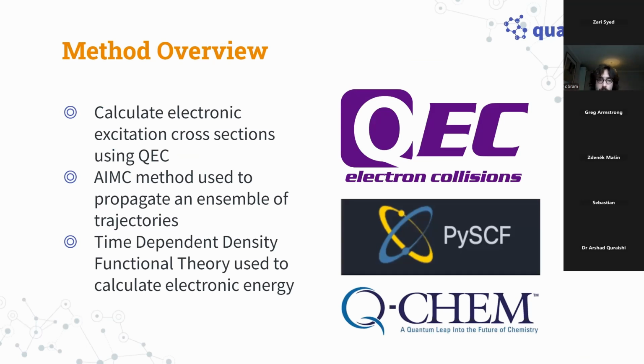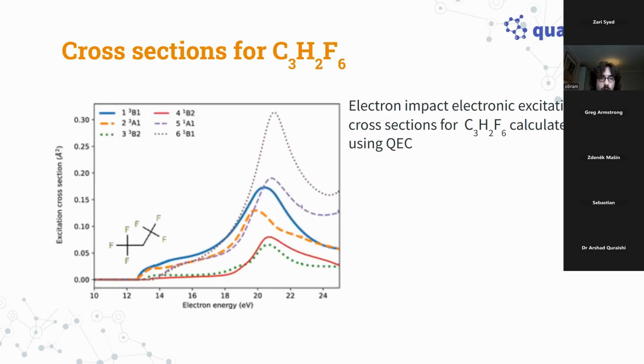And then we use the AIMS method to propagate along, and we calculate the two different states using time-dependent density functional theory, using either QChem, and we're moving towards PySCF because it's open source. So here are the cross sections calculated using QEC for this hydrofluorocarbon.